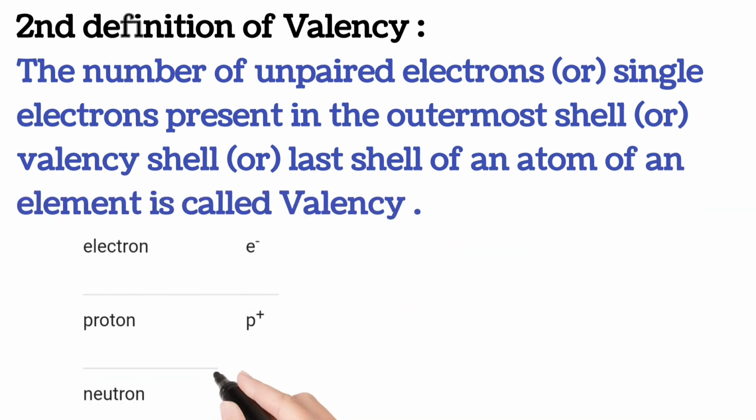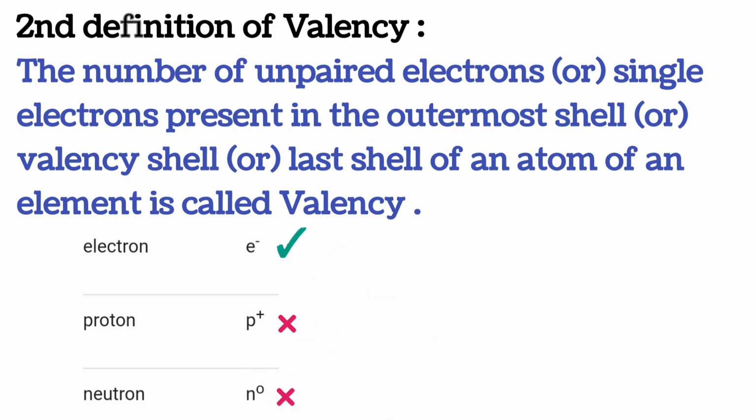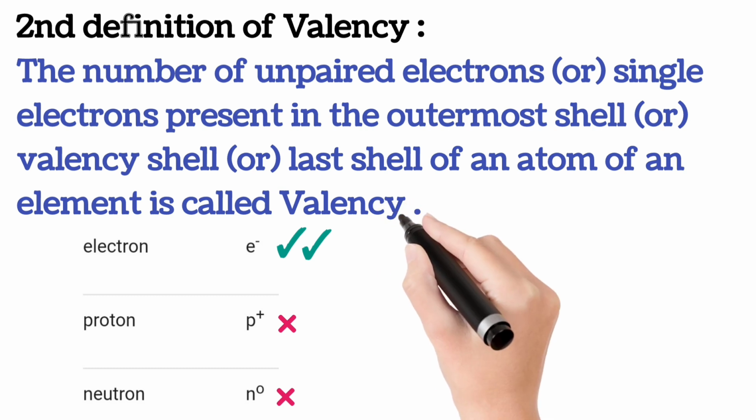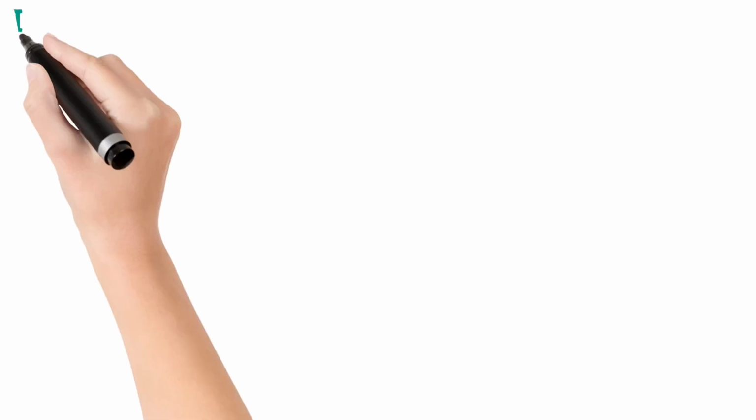In chemistry, we give importance only to electrons, not to protons and neutrons, because chemical reactions take place only due to electrons. In that also, only outermost shell electrons take part, and in that only the unpaired electrons. Innermost shell electrons cannot participate in the chemical reaction.